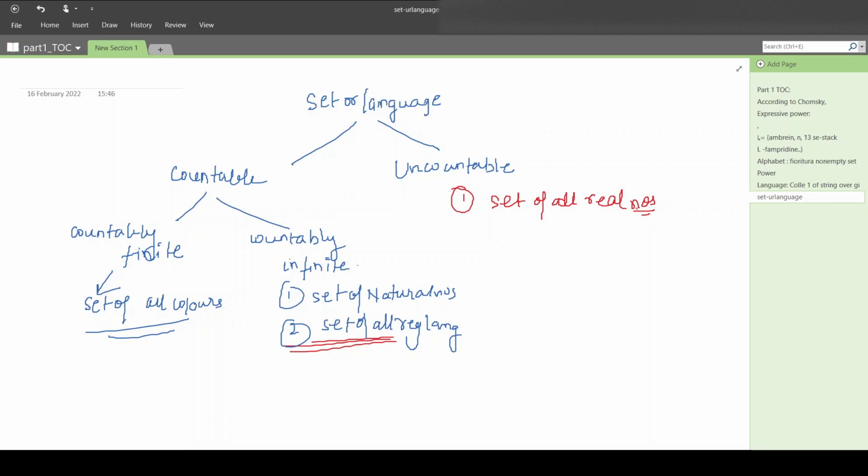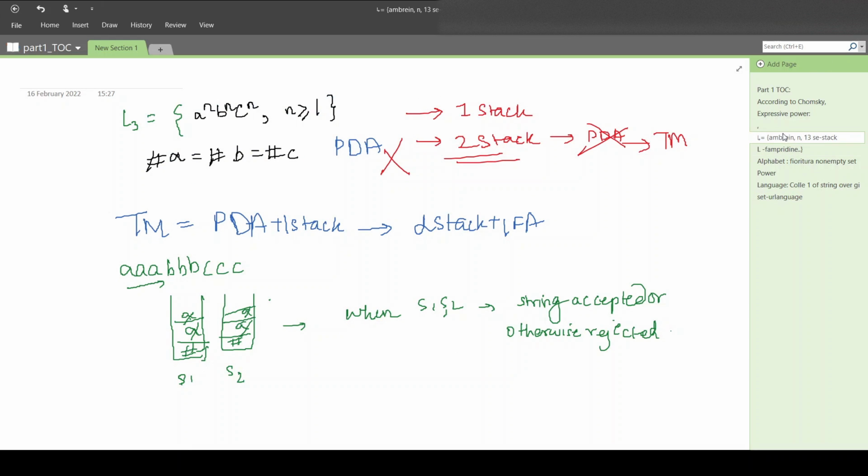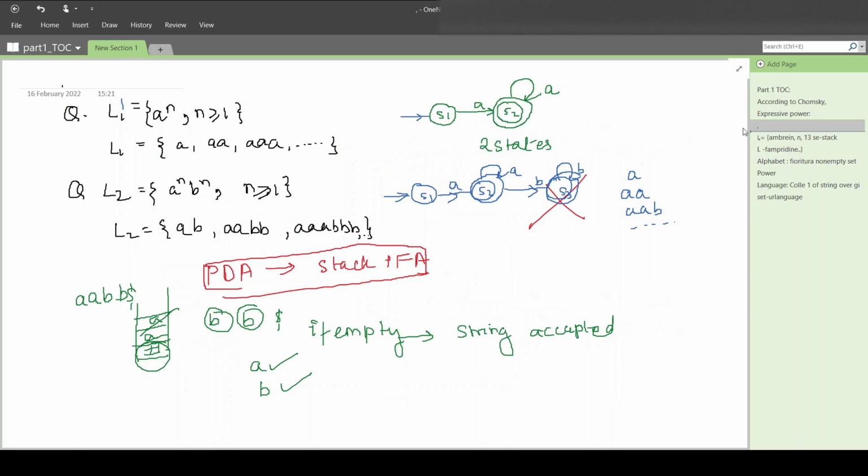After knowing all of these things, we can come to finite automata and regular languages. What is it? Let's give a quick recap from the previous part. We discussed why we need this many automata. The first one, finite automata, we could form easily for a simple language, but when the complexity increased, when there was a requirement of storing and comparison, we required pushdown automata.